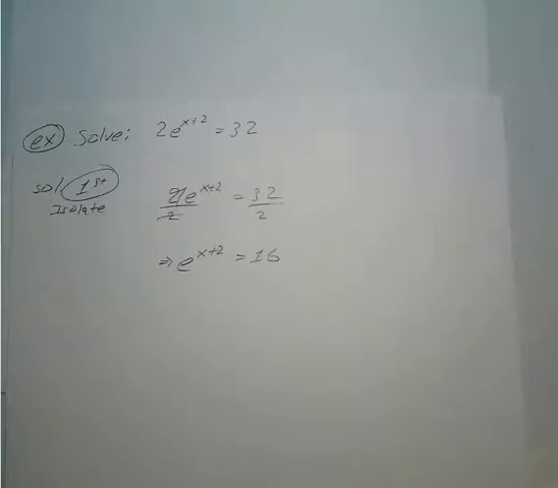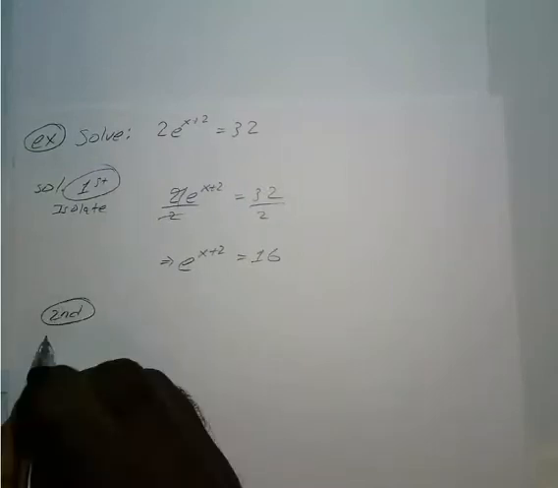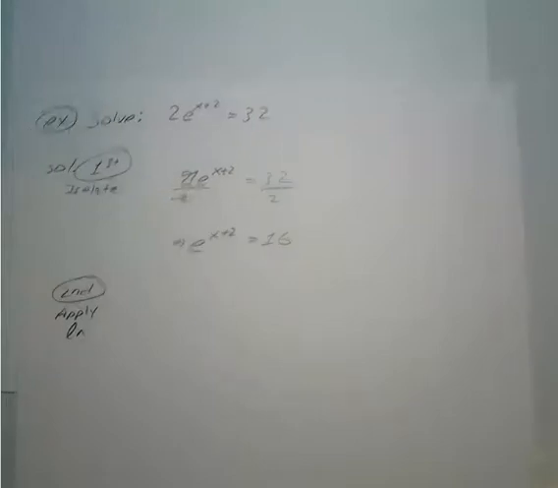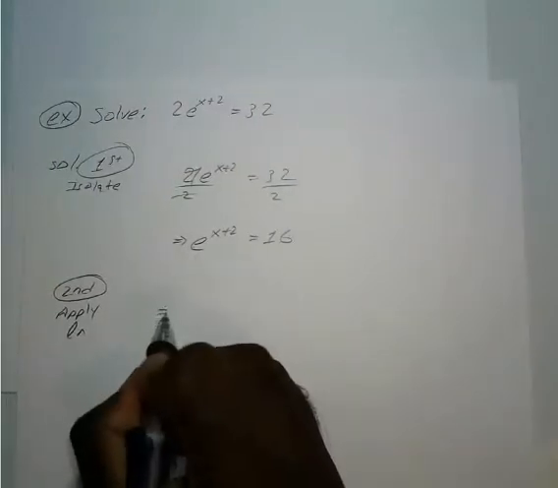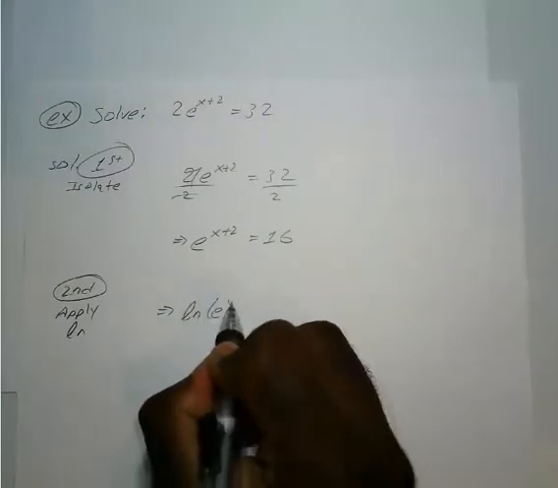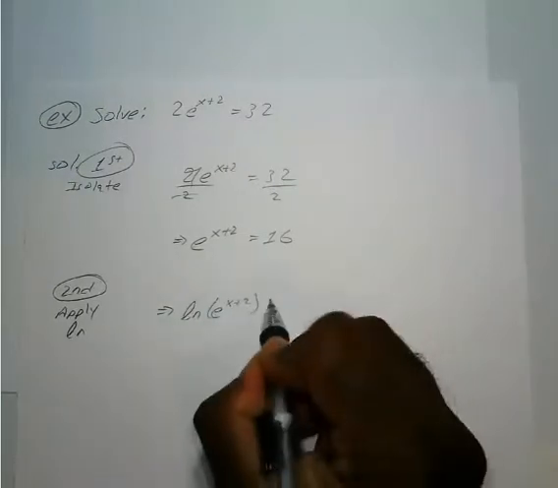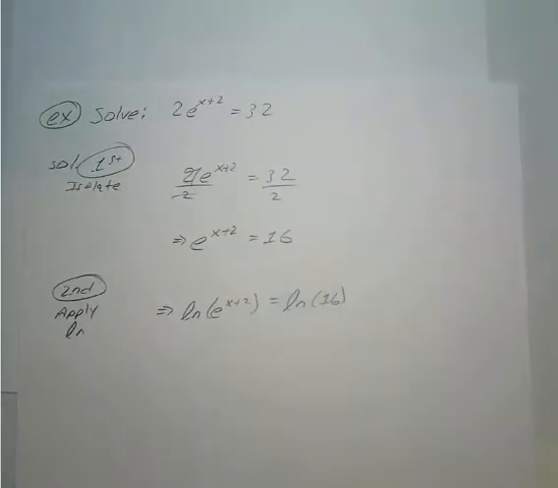Alright, so now we go to our second step, where we apply the natural log to both sides. So if we apply natural log to both of those sides, we have the natural log of e to the power of x plus 2 equals the natural log of 16.